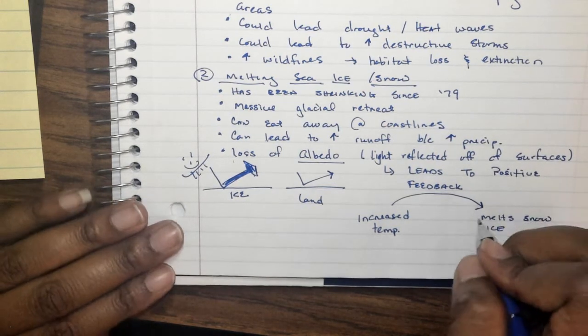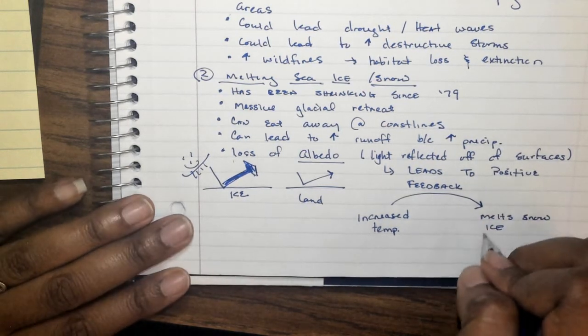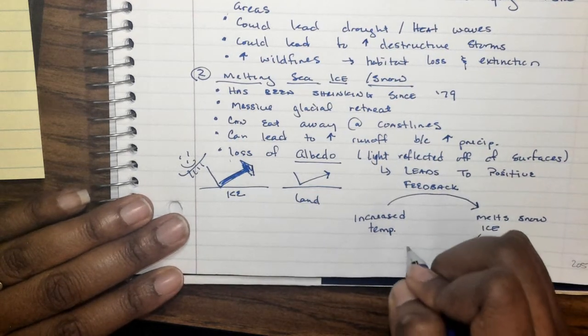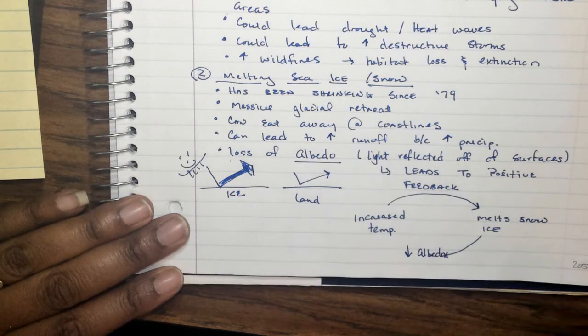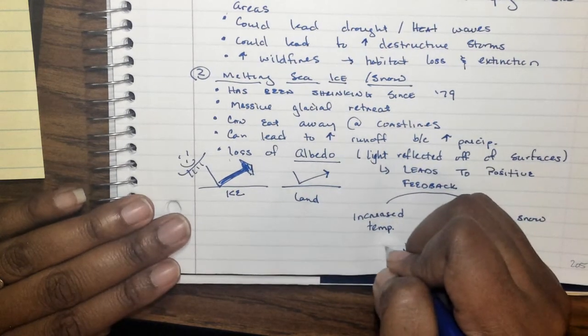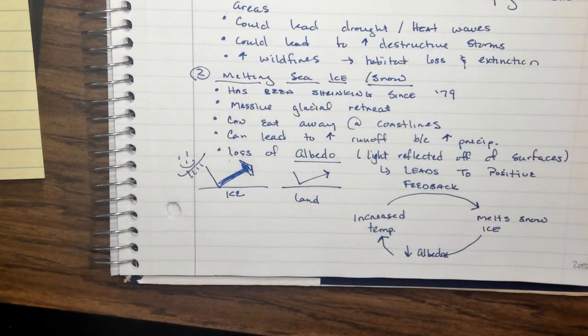And melting snow and ice is going to lead to what? Lower albedo. And then lower albedo is going to lead to increased temp, because instead of reflecting that light energy away into space, now we're absorbing the light energy. Does that kind of make sense?